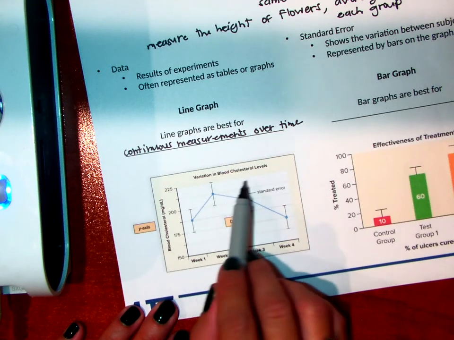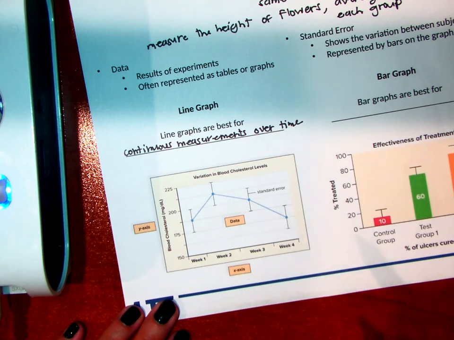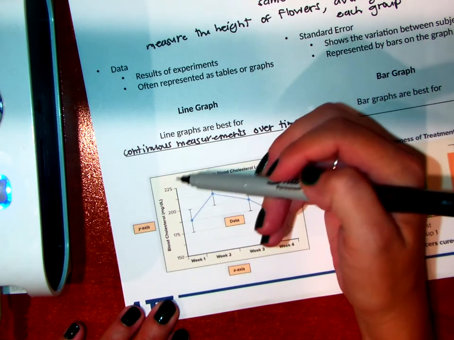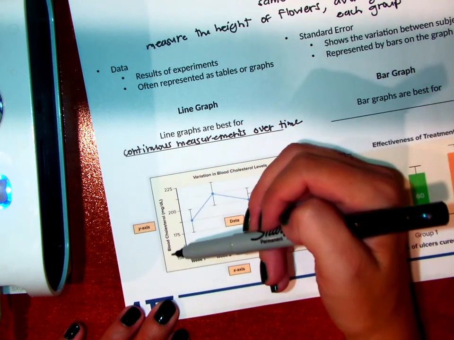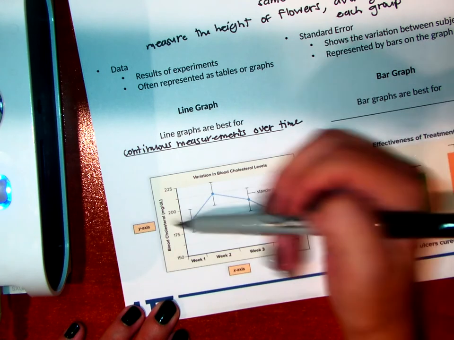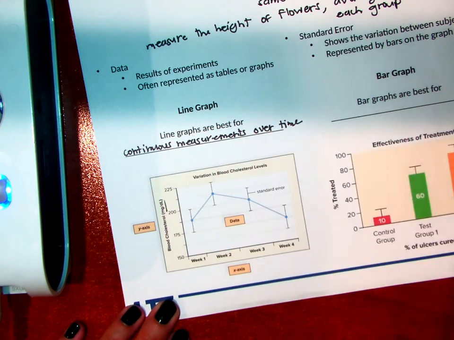So this one says variation in blood cholesterol levels. And on the x-axis, the horizontal axis here, we have a series of weeks. So these are measurements over time, week 1, 2, 3, and 4. And then on the y-axis, the vertical direction, we have blood cholesterol. And make sure to always include units.